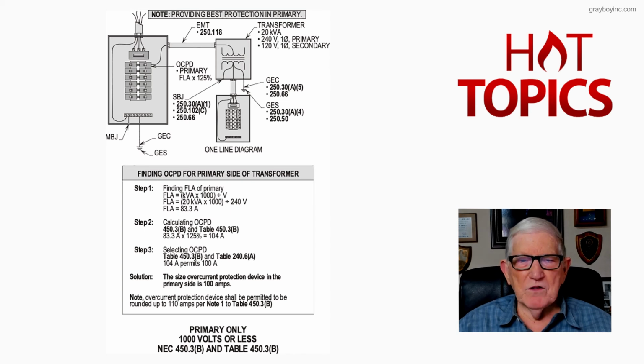The primary is 1,000 volts or less, and we're using Table 450.3(B) to select our 125% based upon the primary full load current being 9 amps or more, and then Note 1 below the table allows you to go above the 125% if it doesn't fall on a standard overcurrent device listed in your Table 240.6(A) on page 100 of your code book. Your Table 450.3(B) is on page 344 of the NEC.